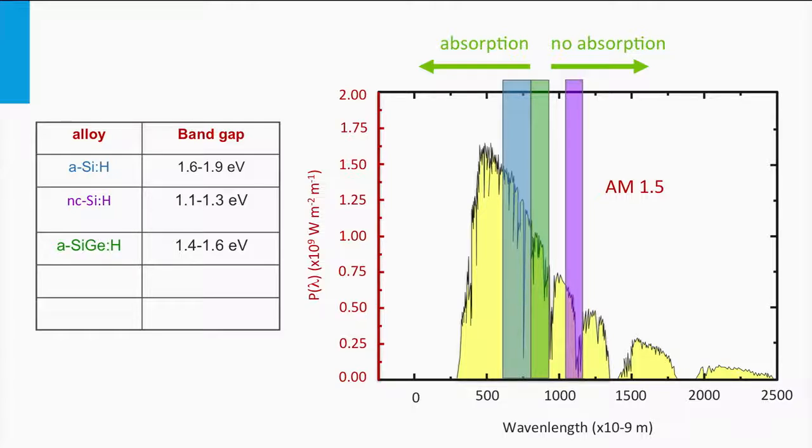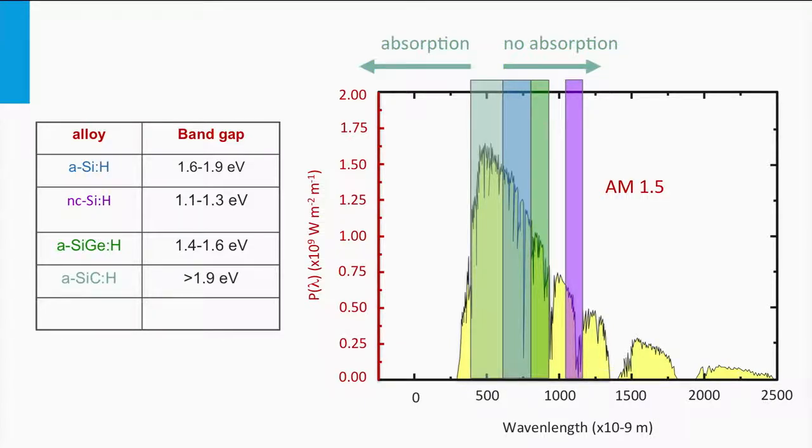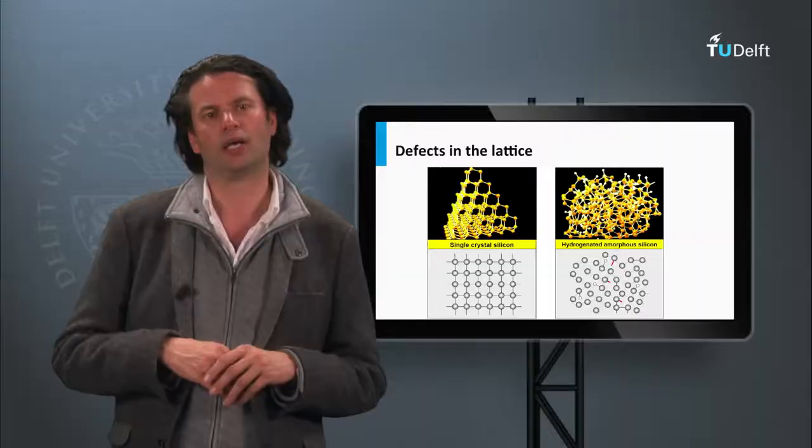The hydrogenated amorphous silicon germanium alloys can have band gaps in the range of 1.4 up to 1.6 electron volts. Silicon mixed with carbon, the so-called amorphous silicon carbide, can have band gaps of 1.9 electron volts and larger. Nanocrystalline silicon oxides have band gaps larger than 2 electron volts.